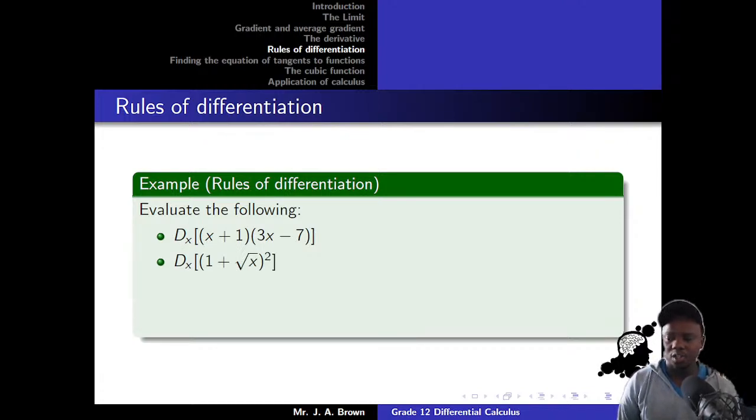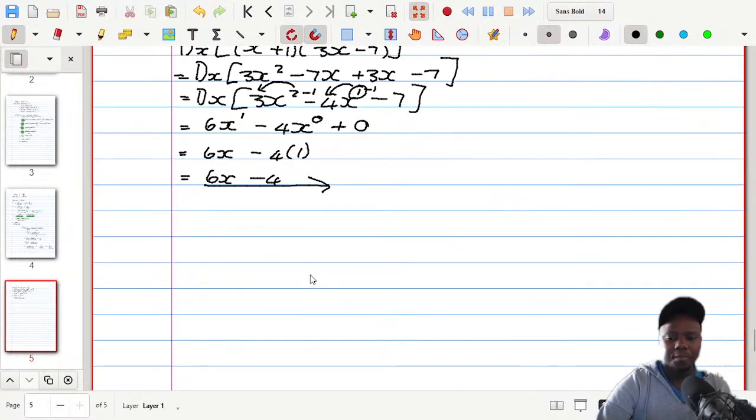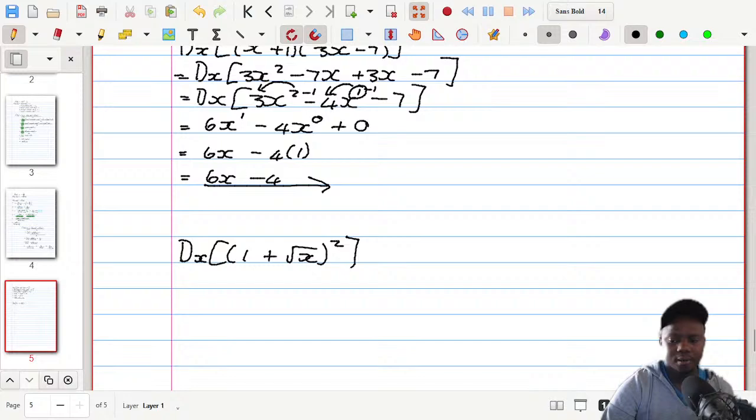Here we have another question where we need to find the derivative of open bracket 1 plus square root of x, close bracket squared. Let's go to the writing pad and see how we would go about doing this. So we have dx into 1 plus the square root of x squared.